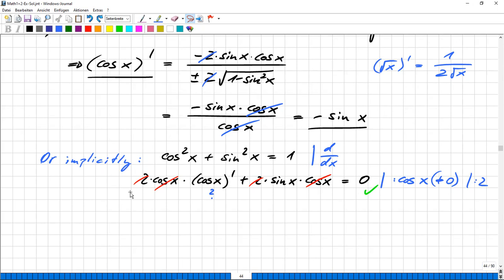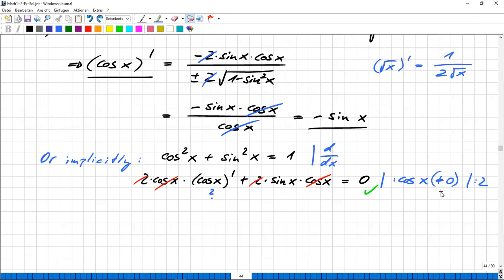And now, first of all, I can cross out 2 times cosine of x, which appears here and here, just by dividing this equation by 2 and by this cosine of x. By the way, it should be unequal to 0. This is a little restriction which I make, which may be taken away afterwards, but let's not go too far ahead considering details.